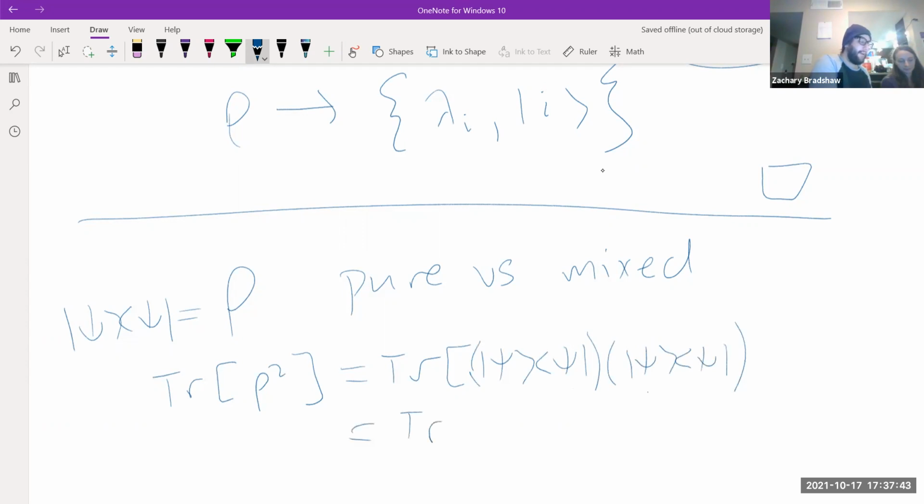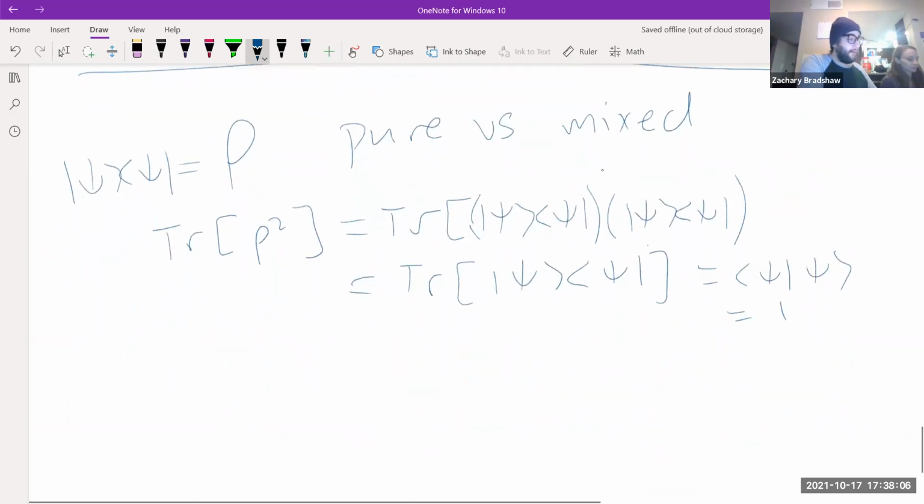Now this <psi|psi> inner product is 1, right? Because it's normalized. But this is equal to <psi|psi> by the definition of the trace, and then that's equal to 1. So if rho is a pure state, then the trace of rho squared is equal to 1.